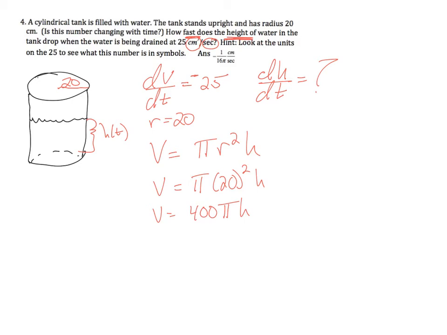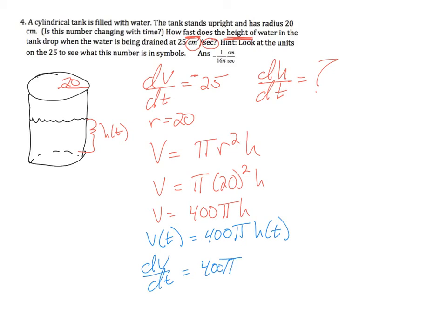Okay, great. My next step, I believe, is to sprinkle some t's in here. So that is volume is changing with time, so I'm going to say v of t equals 400. It's constant, pi is a constant, but h is changing with time. Okay, now I'm ready to take the derivative. So the derivative dv dt equals 400 pi. Okay.